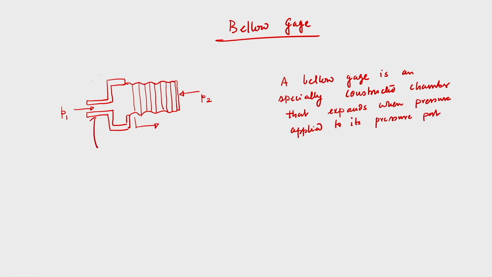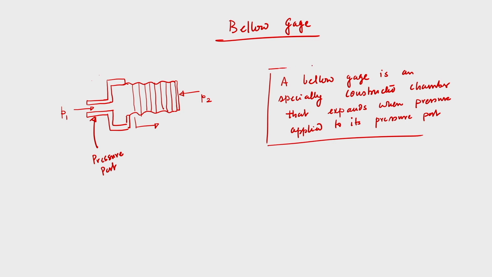So, this is the pressure port, and when you apply pressure at its port, then this specially constructed chamber will try to expand upon experiencing this applied pressure, and we have to measure something now, so that we can measure the pressure difference as a function of something, that is what we will get from the bellow gauge.